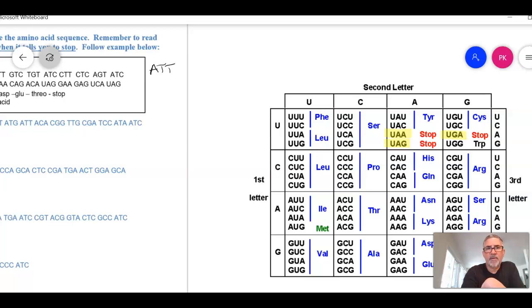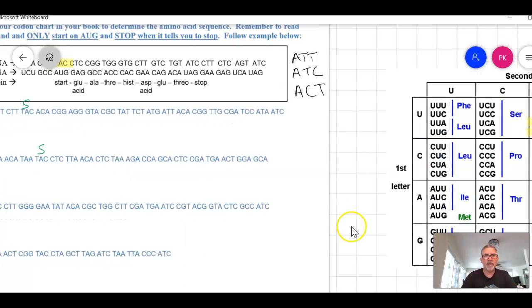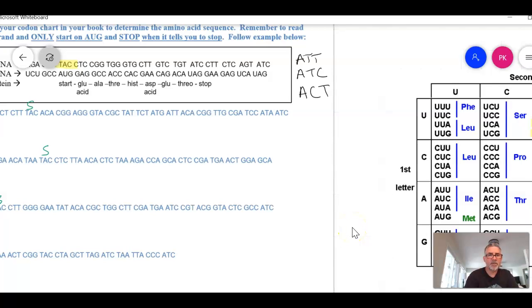I would have ATC, and I would have ACT, right? So those are what I'm going to look for over here in my template strand. And when I find them in my template strand, I'll write a stop on them, right?